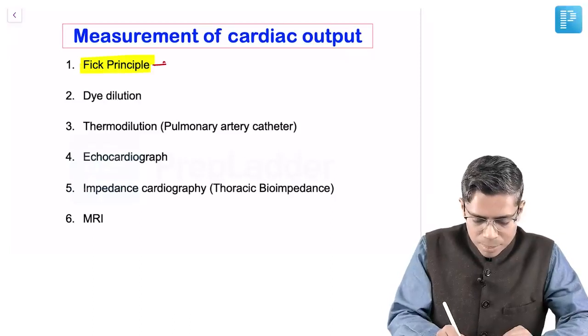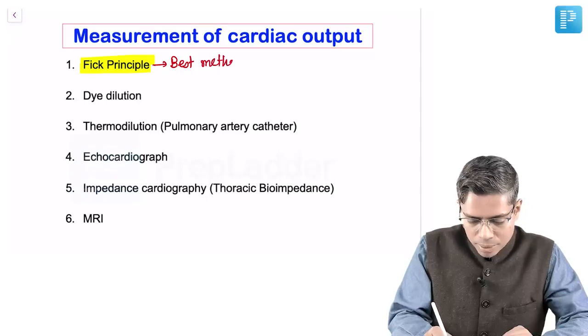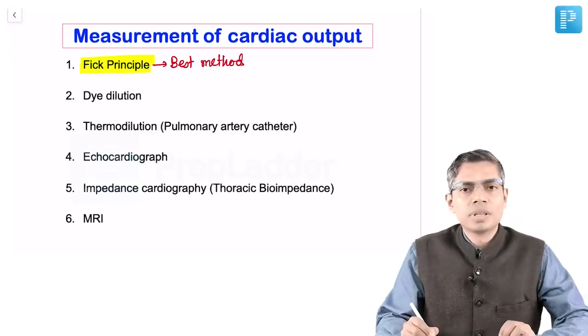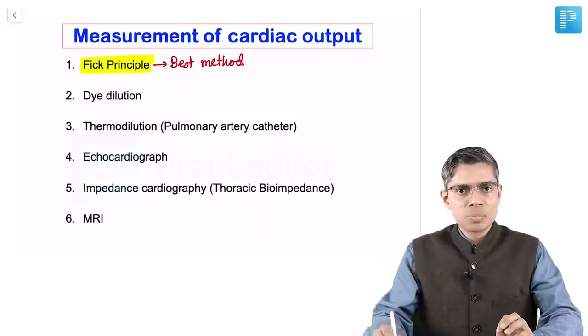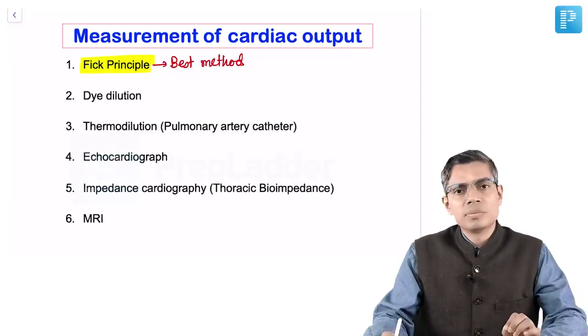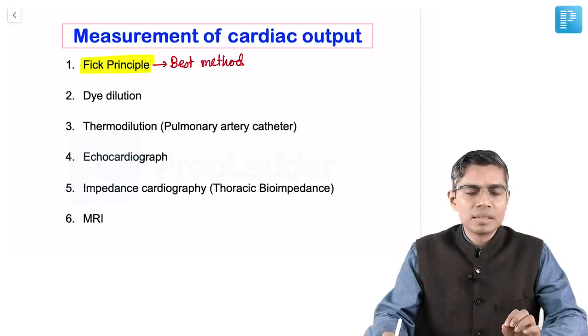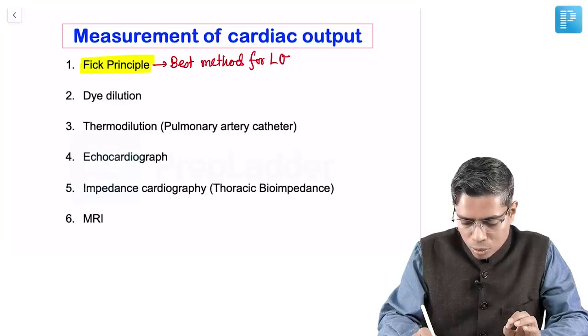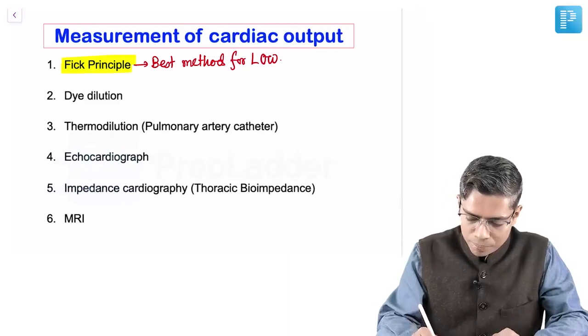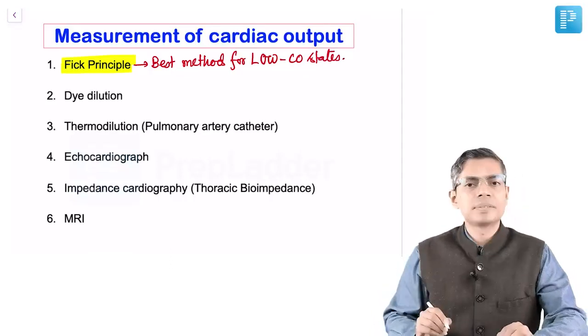Remember, this is the best method for measuring cardiac output when the cardiac output is low, right? Suppose you are assuming that the cardiac output of this person will be lower than normal, then you apply the Fick's principle, you are going to get the best result. So best method for low cardiac output states of the body, right?